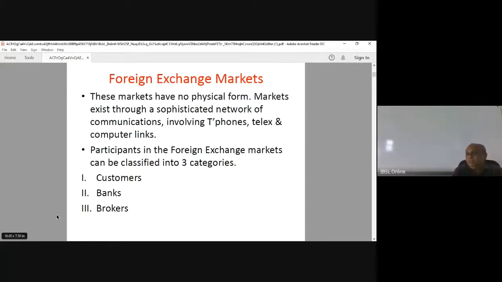Picard Chapman, George Stewart, Forbes and Walker, like that. Whenever I need money or I have an oversold position, I can tell those brokers, they will do the dealing and inform me. If I am happy, I will go for it. So the participants in the foreign exchange market can be classified into three categories: customers, banks, and brokers, right?